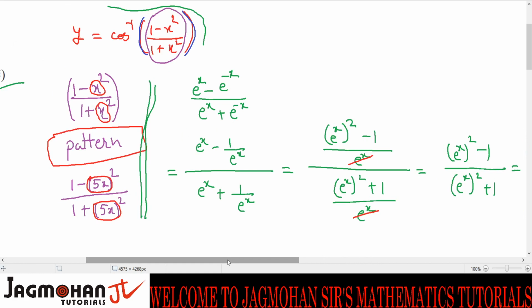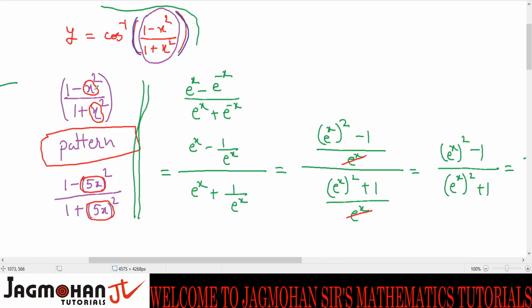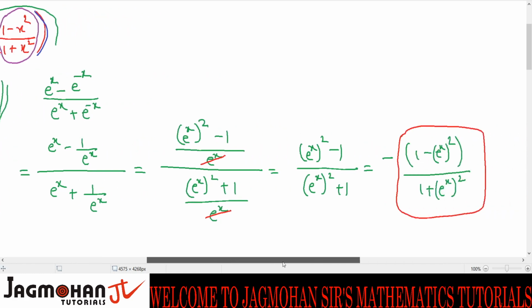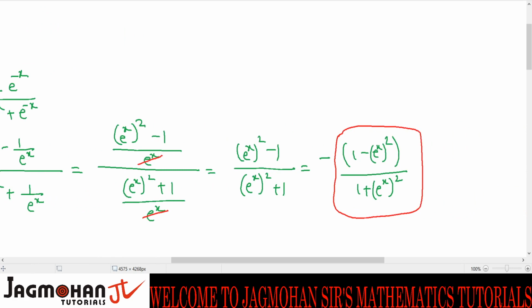Here you have 1 minus e raised to x square upon 1 plus e raised to x square. What is important is the pattern: you have 1 minus variable square. Earlier you had seen 1 minus x square, and here x is replaced by e raised to x.